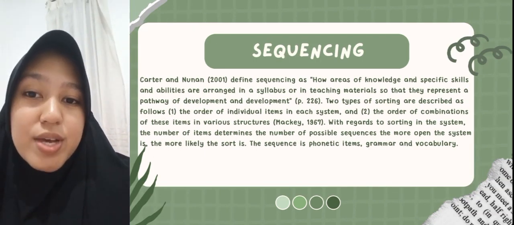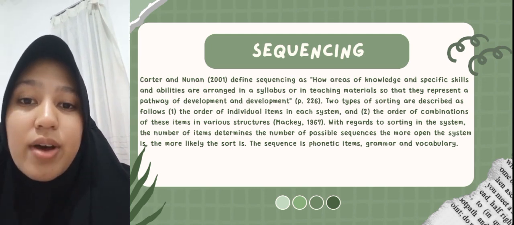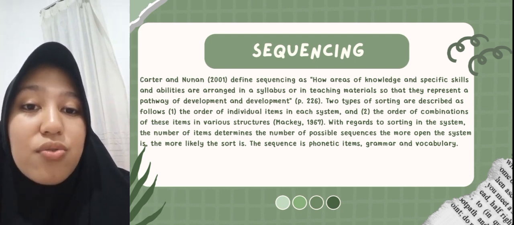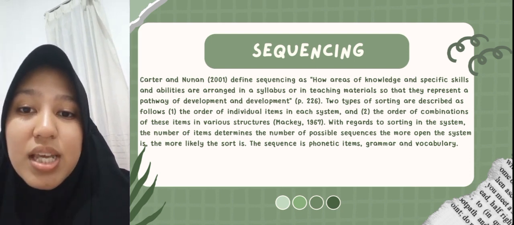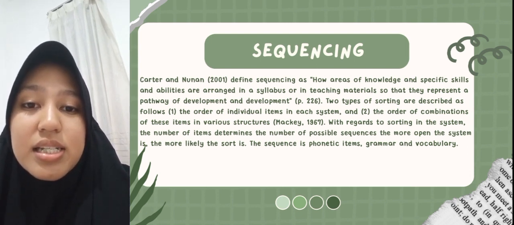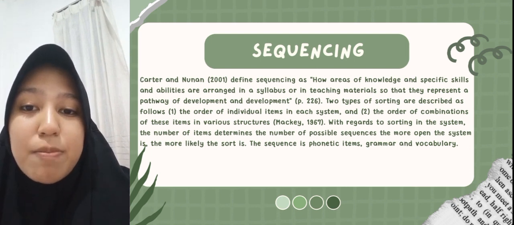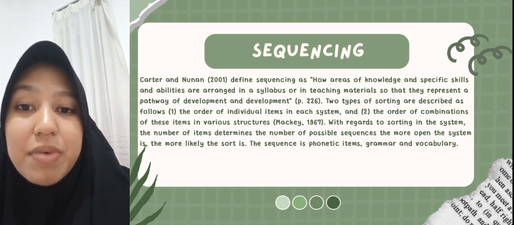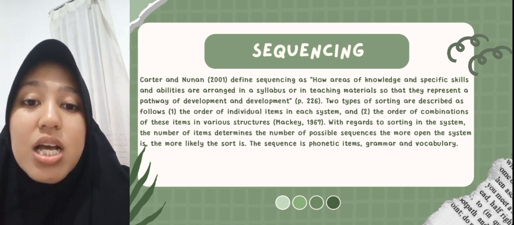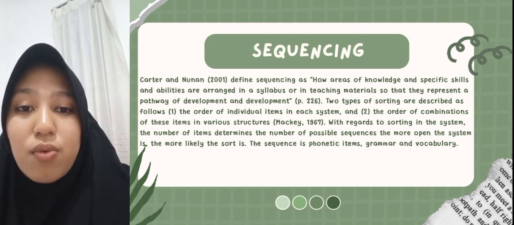Next, sequencing. Carter and Nunan 2001 define sequencing as how areas of knowledge and specific skills and abilities are arranged in a syllabus or in teaching materials so that they represent a pathway of development. The types of sorting are described as follows. 1.